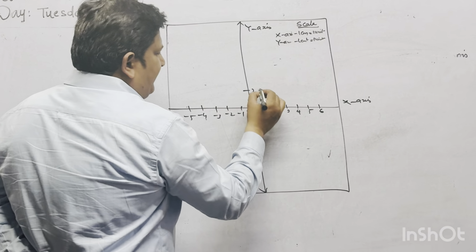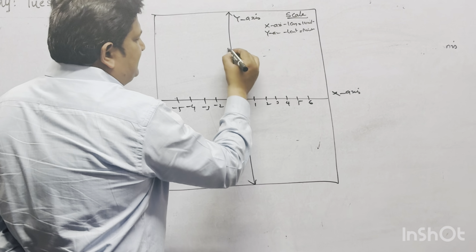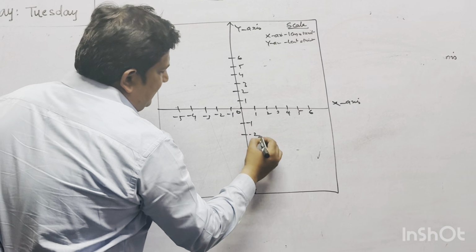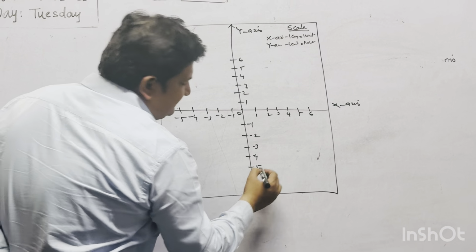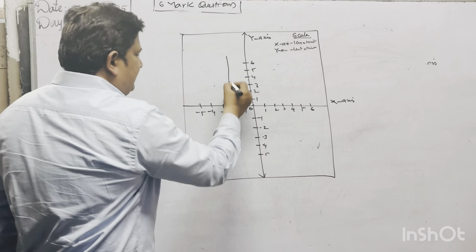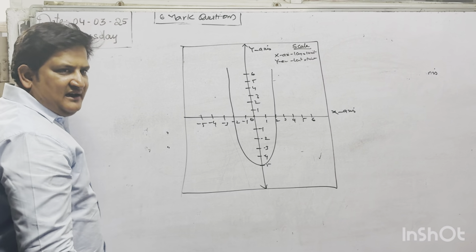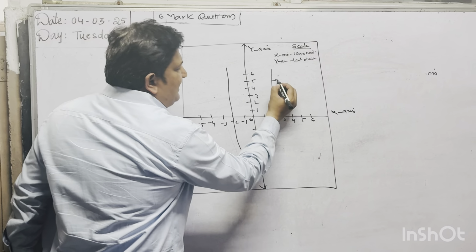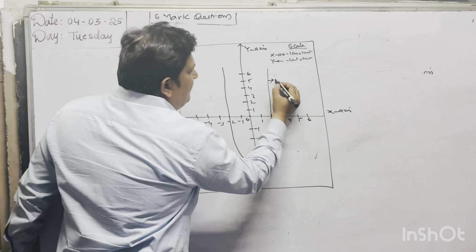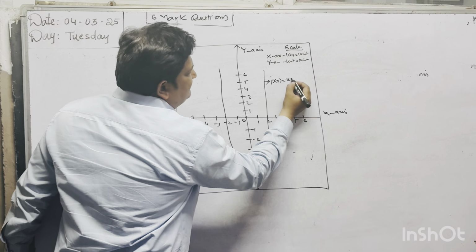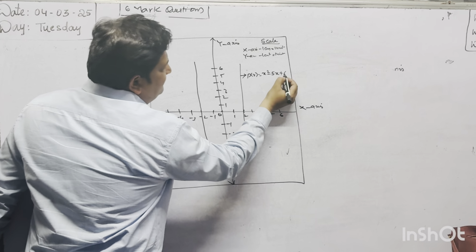On the y axis, up you will get the positive numbers, and down you get the negative numbers. And after that, whenever you are drawing a graph, for example, this is the graph I have drawn. It is a parabola graph. Here you have to put the arrow mark, and you have to write the equation x square minus 5x plus 6.